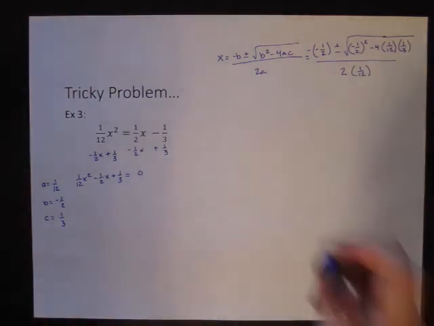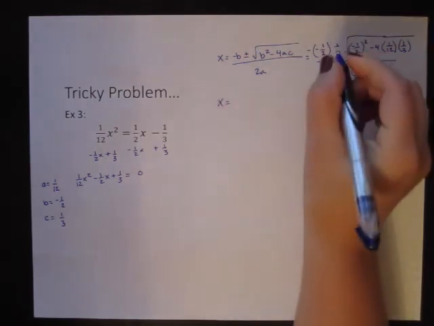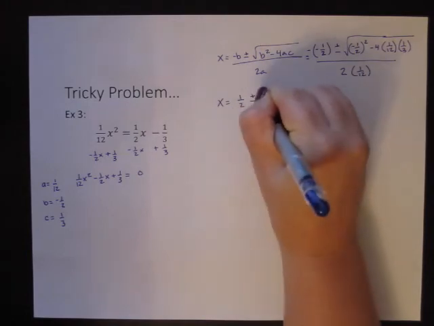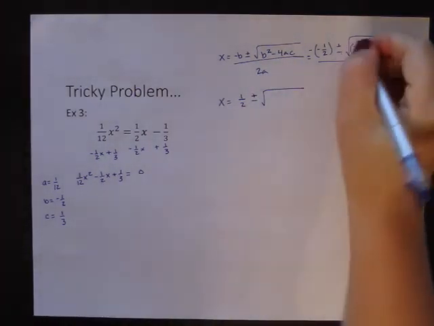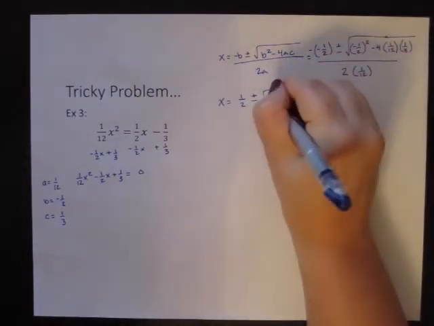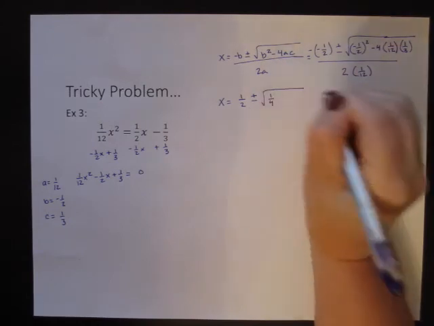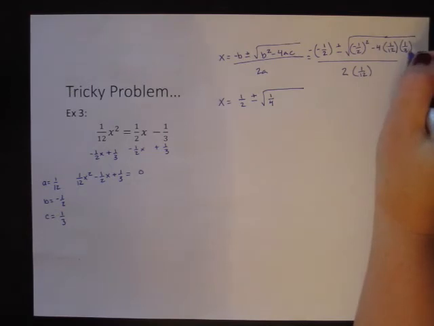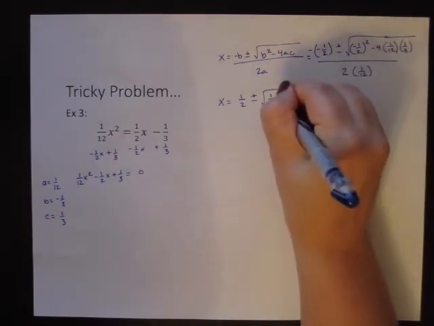Okay, so let's clean this up. Negative times a negative is a positive, so I got 1/2 plus or minus the square root. -1/2 squared is going to be positive 1/4. Negative times a positive is a negative, so I'm going to go minus.